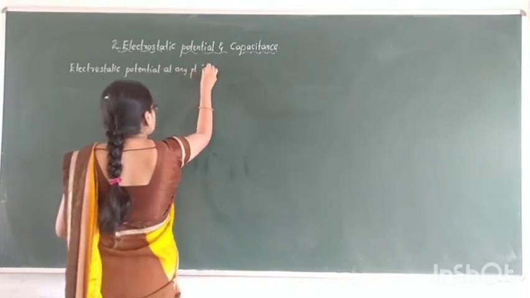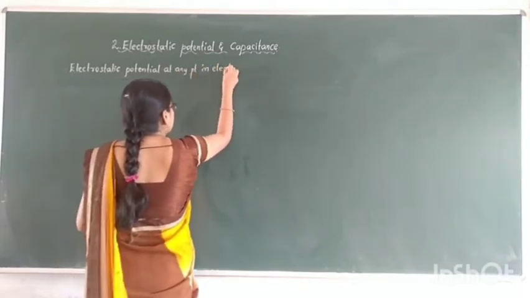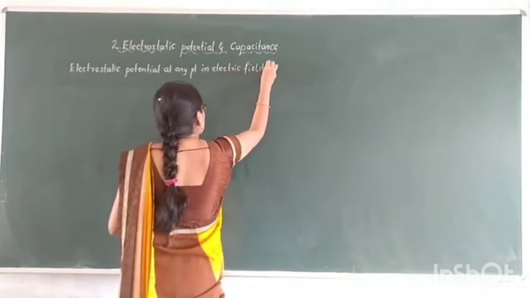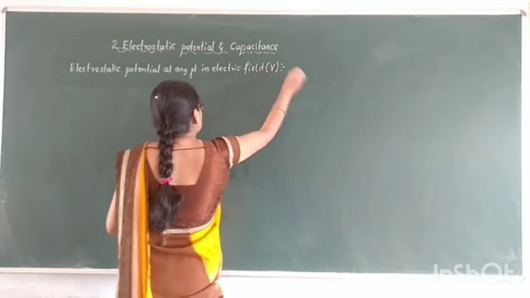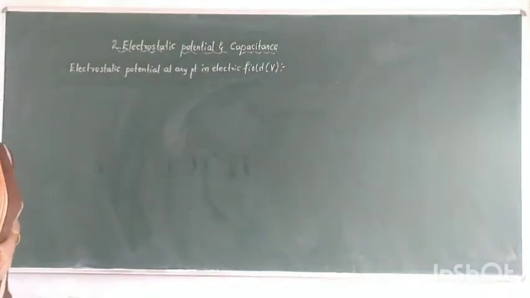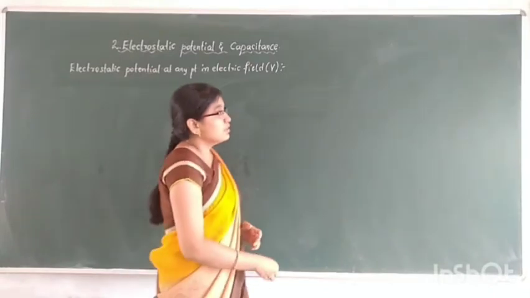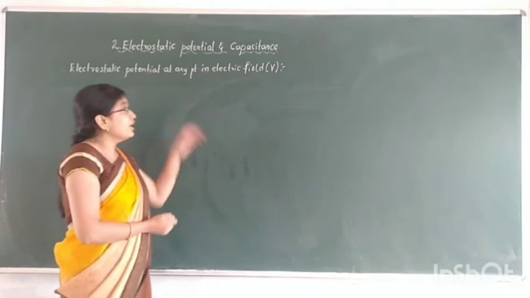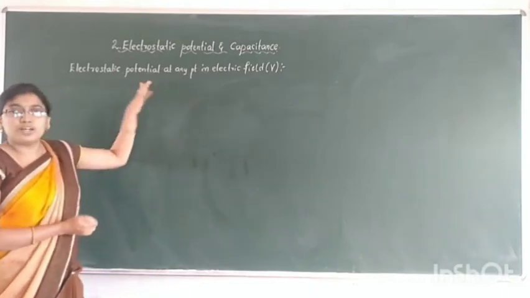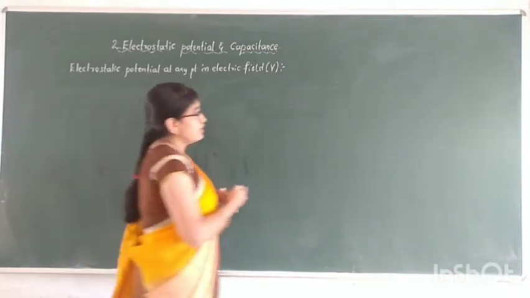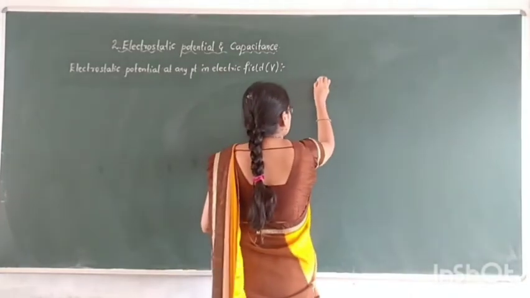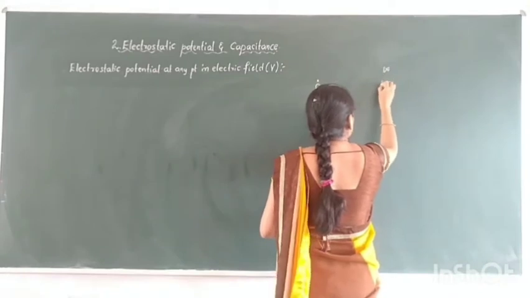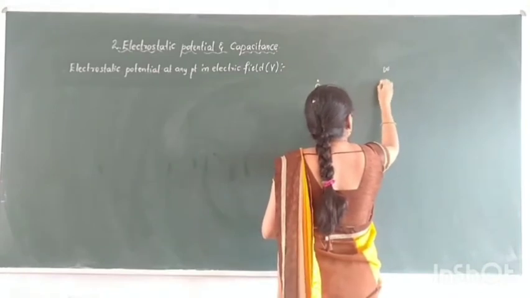Electrostatic potential at any point in an electric field is denoted by capital V. Now we have defined the potential energy of the charge; similarly, we can also define the electrostatic potential. Again consider the same picture. This is Q and this is infinity, and here the unit positive charge.